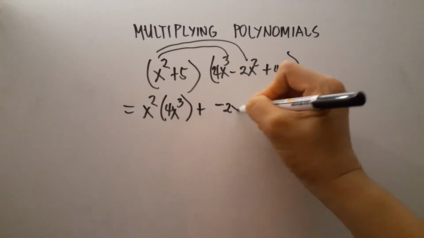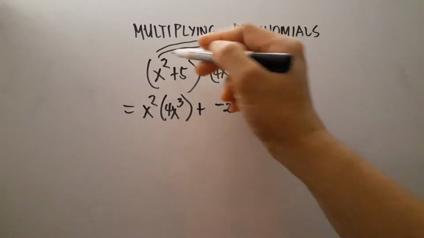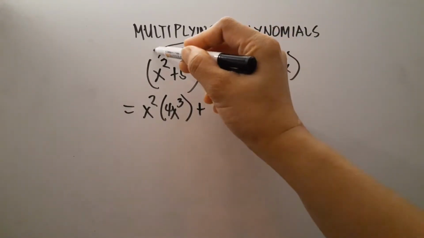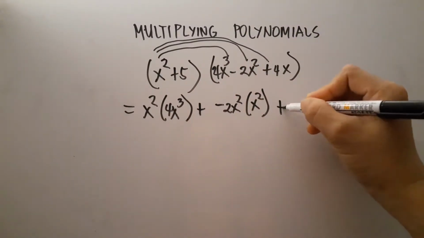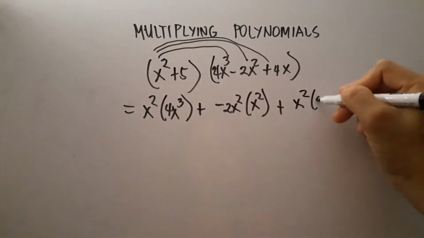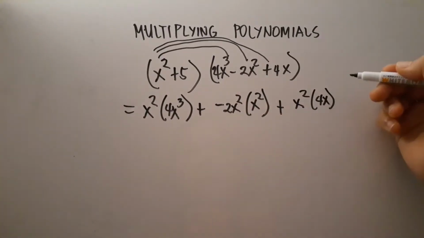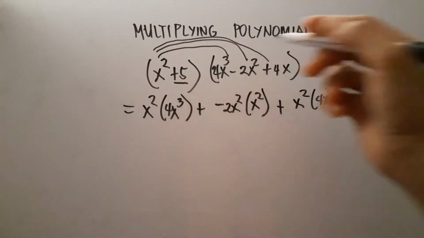So we have x squared times 4x cubed plus negative 2x squared times x squared plus x squared times 4x.